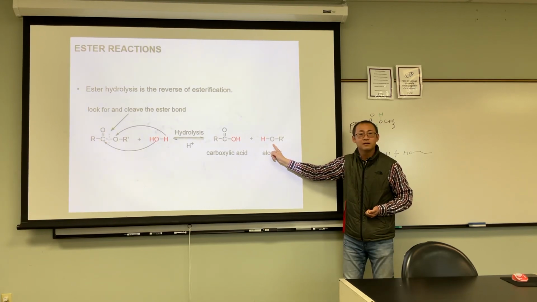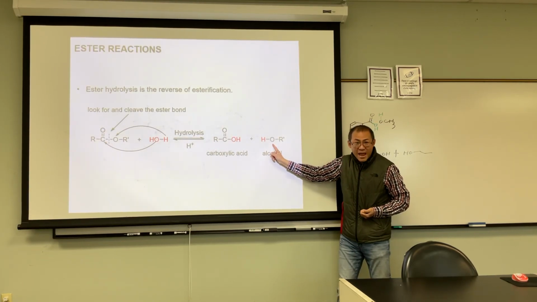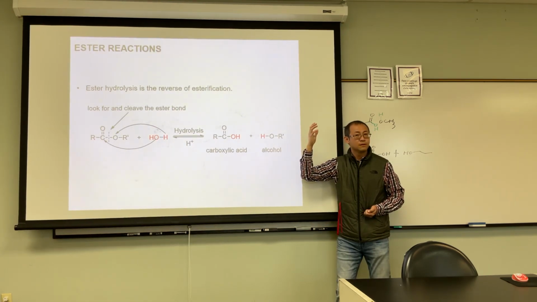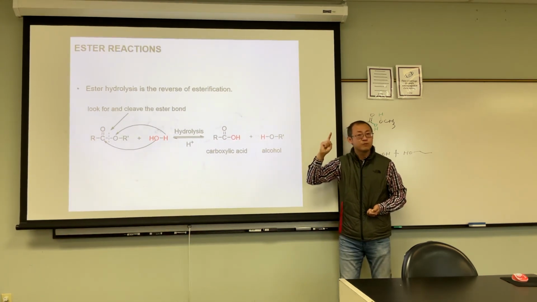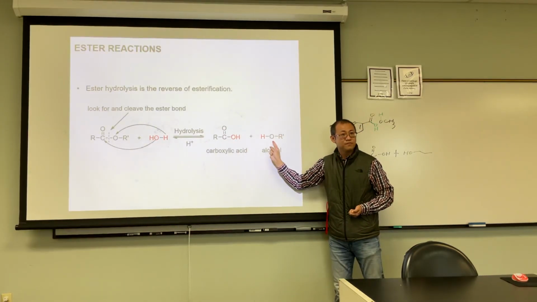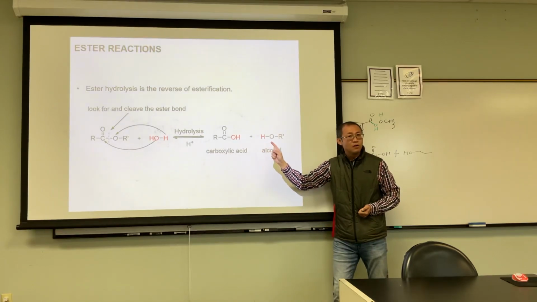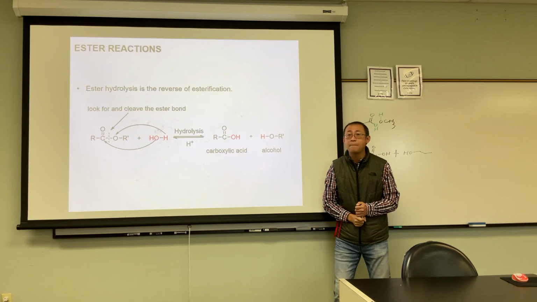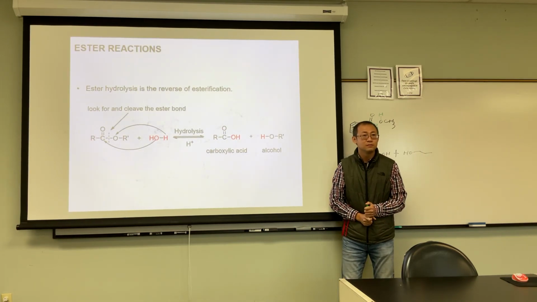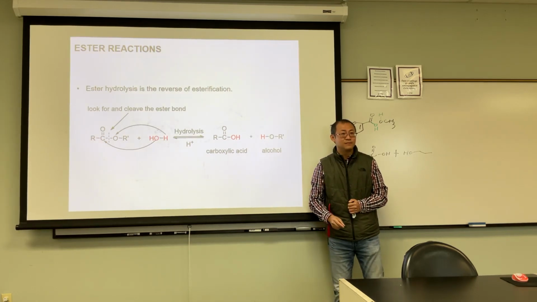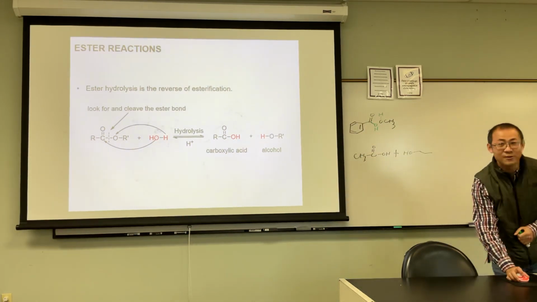Now think about it. If I add base to the whole mixture, one of these two products from hydrolysis will further react with that base. Which one? The acid will react with the base. If you remember the reaction, let's turn back.